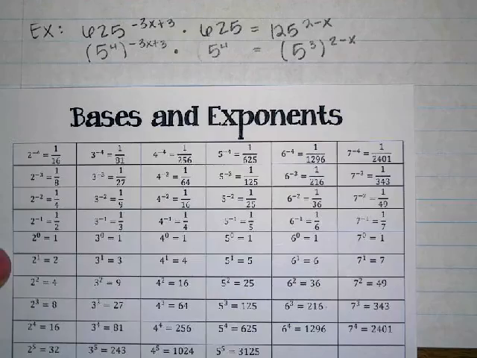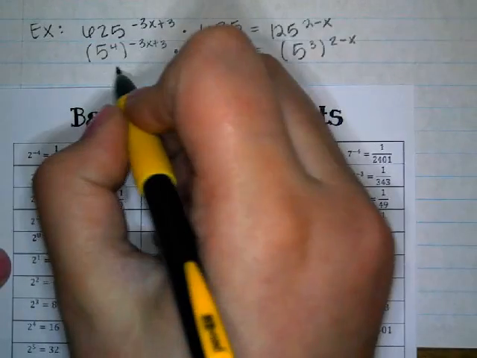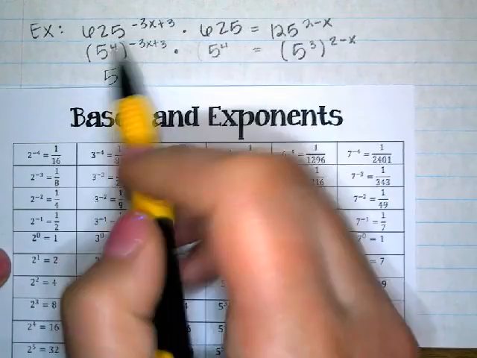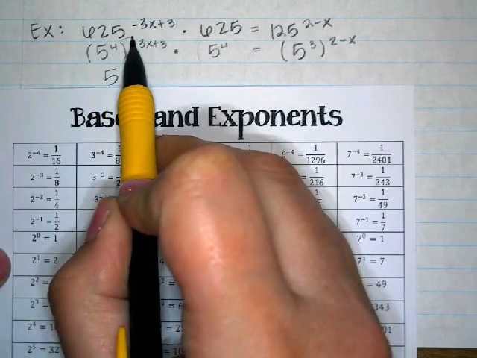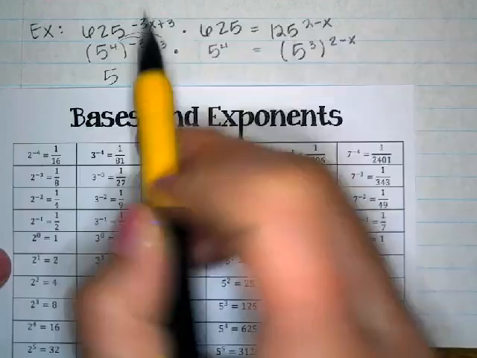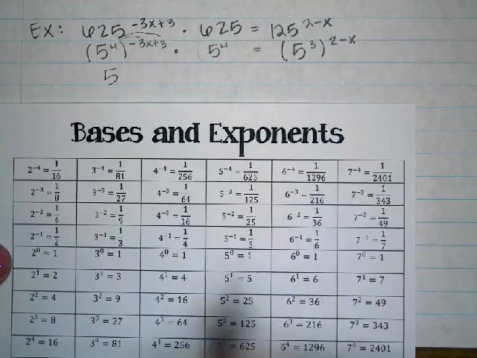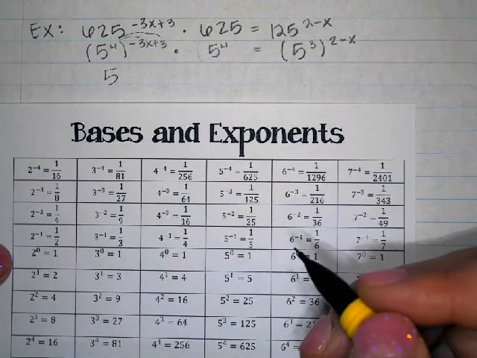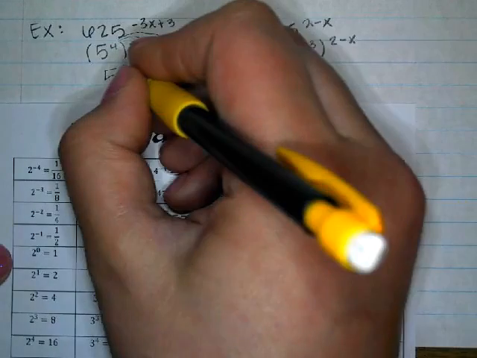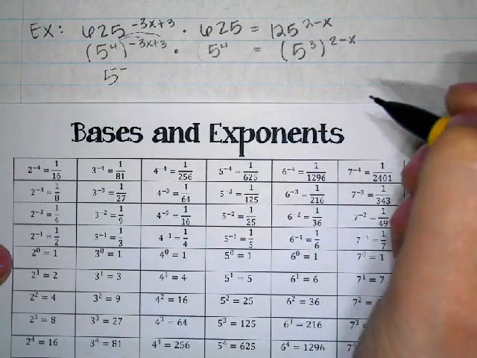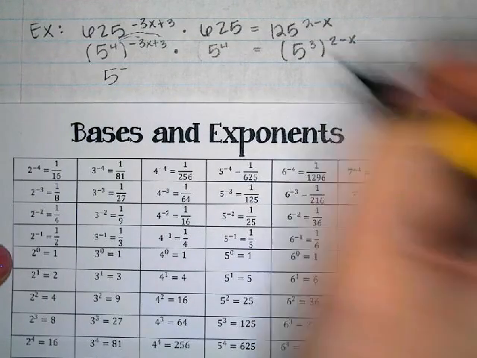Okay, so for the first term, we distribute this because we're multiplying our exponents. And what's our new exponent? Negative 12x plus 12.